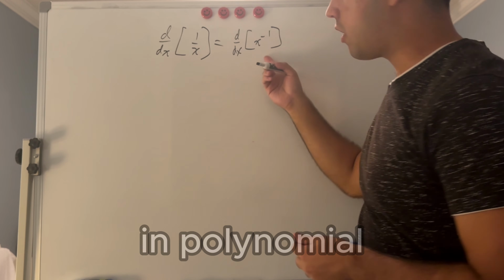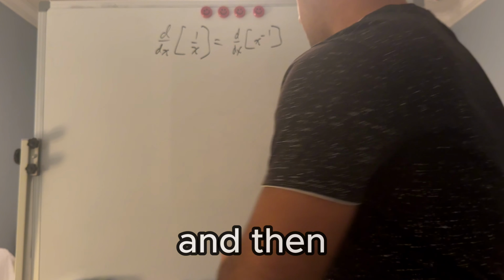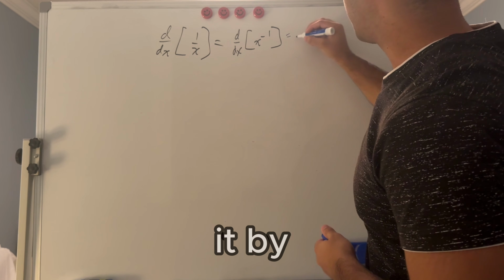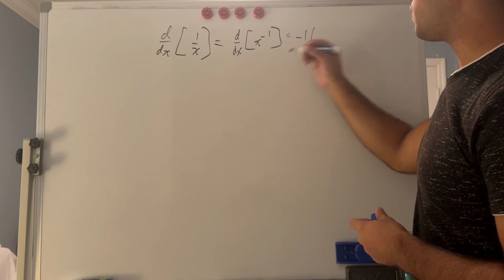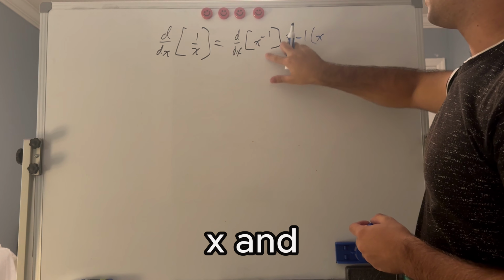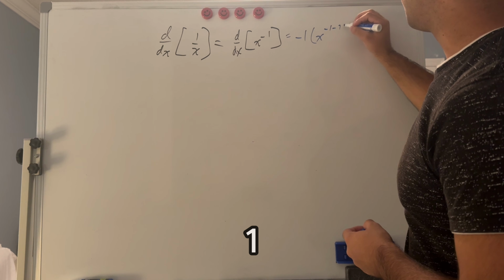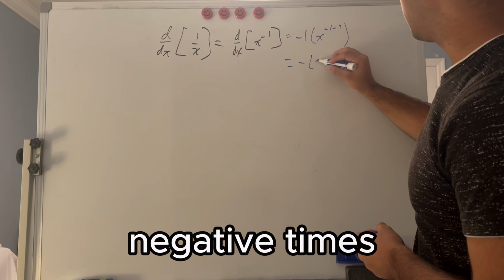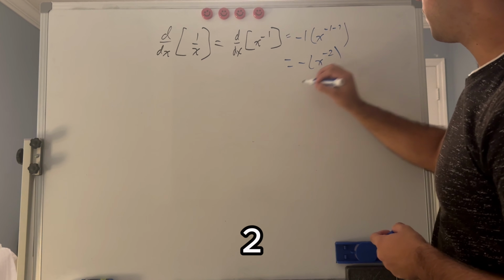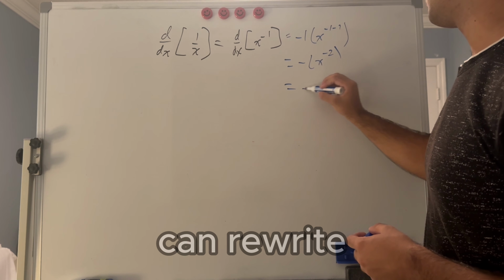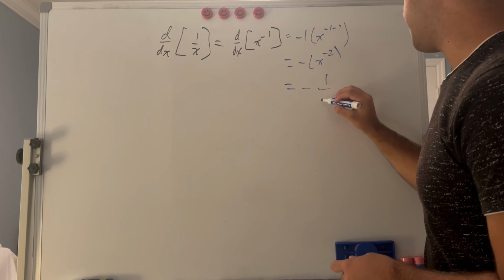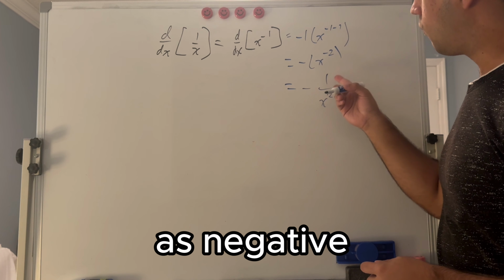And now it is in polynomial form. Then we apply the same thing: multiply by negative 1, keep the x, and then negative 1 minus 1. So we end up getting negative x to the negative 2, which we can rewrite in rational form as negative 1 over x squared.